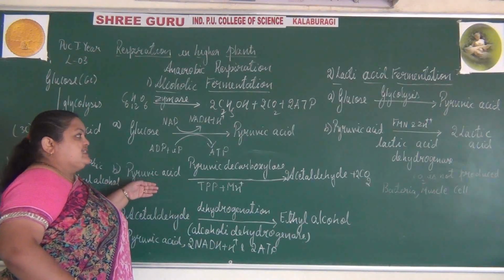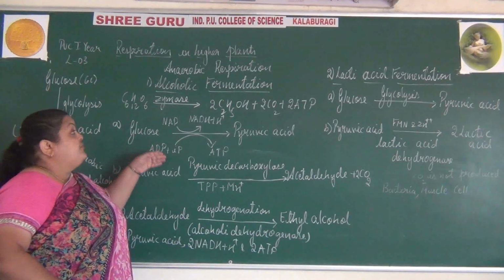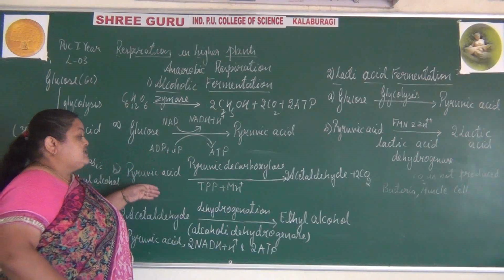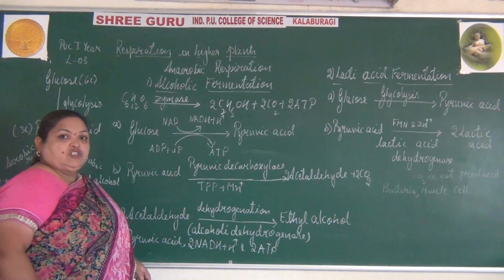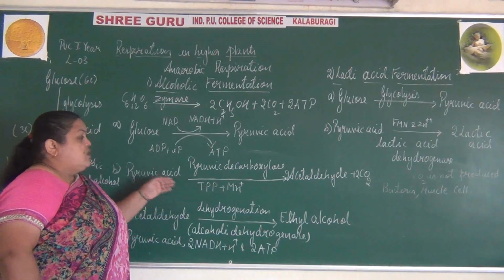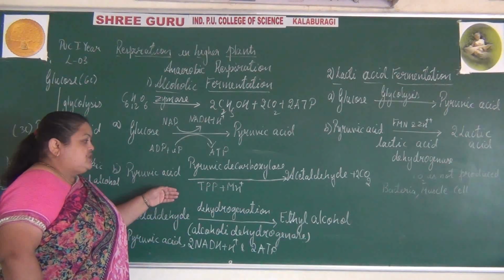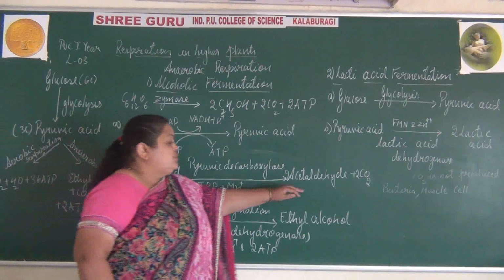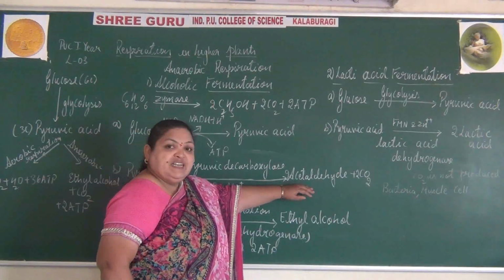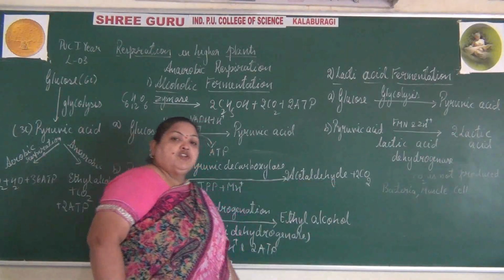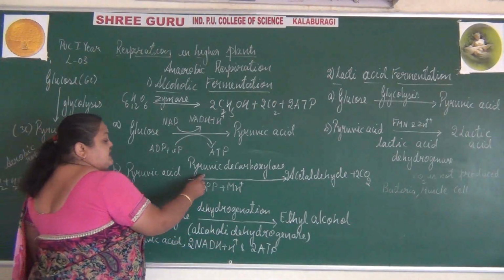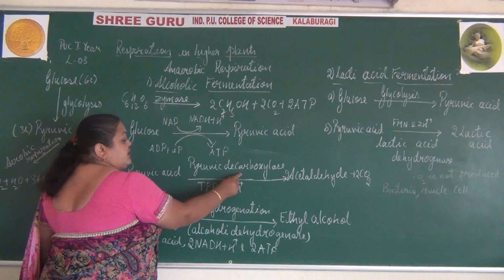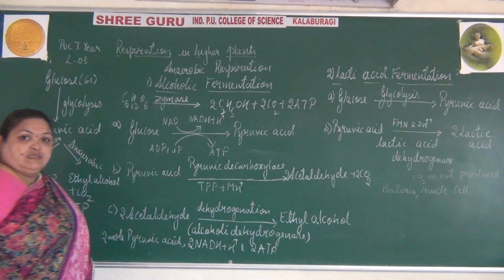This pyruvic acid, the product of glycolysis, undergoes the decarboxylation process to form 2 molecules of acetaldehyde with the formation of carbon dioxide in the presence of the enzyme pyruvic decarboxylase.